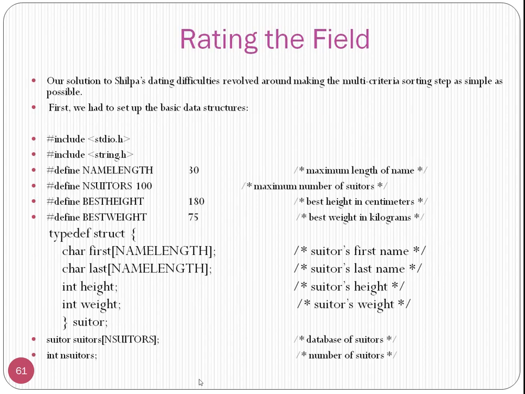Now here is the example of how we can define the conditions on the basis of which we can identify who will be the dancing partner with Shilpa. So our solution to Shilpa's dating difficulties revolved around making the multi-criteria sorting step as simple as possible.